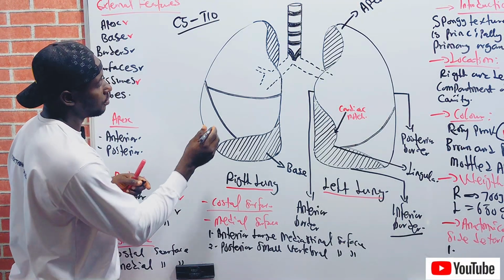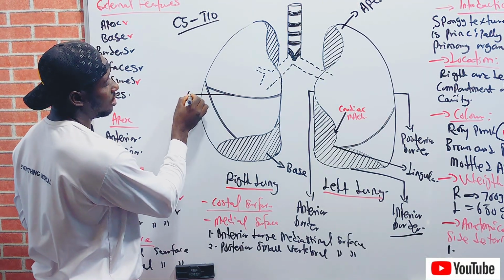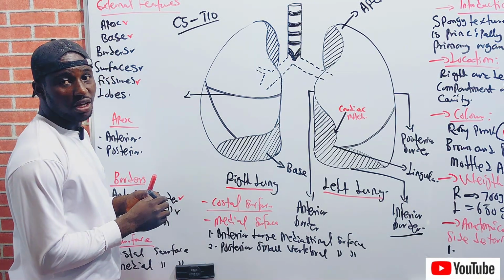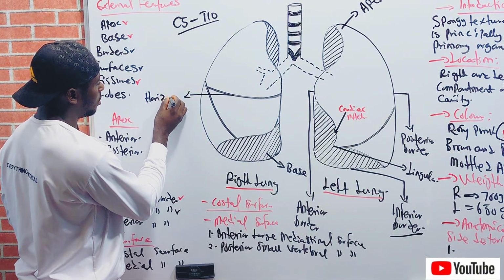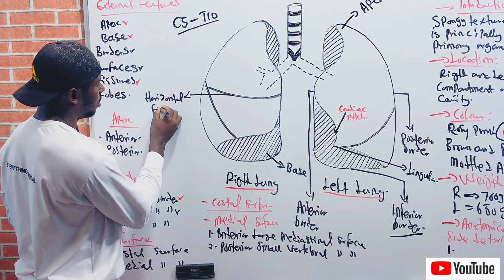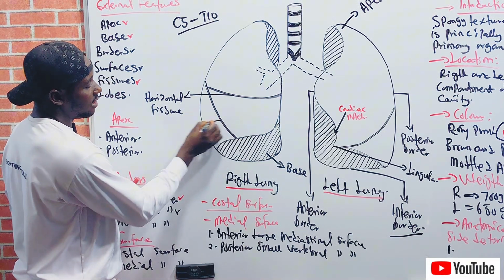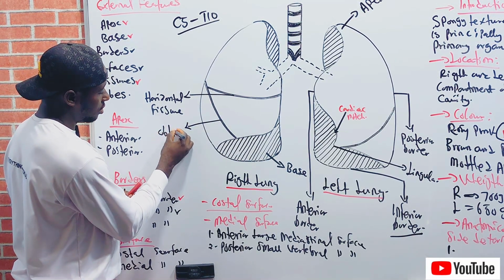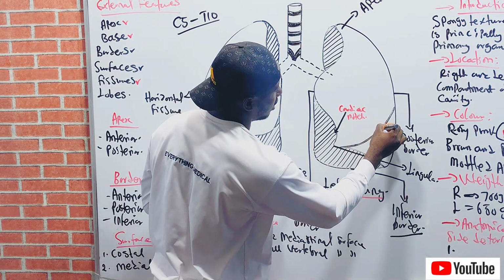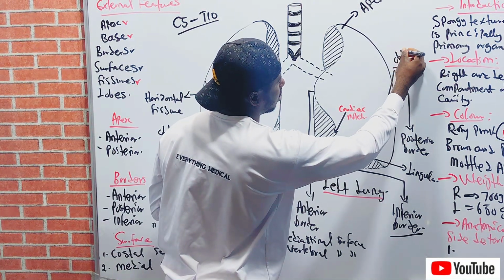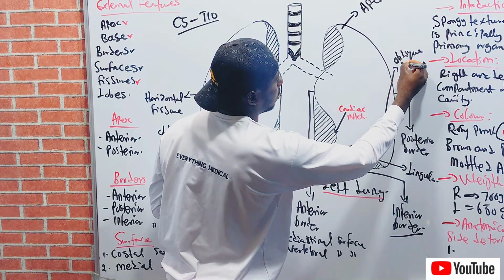Here is the horizontal fissure of the lung, while this is the oblique fissure.